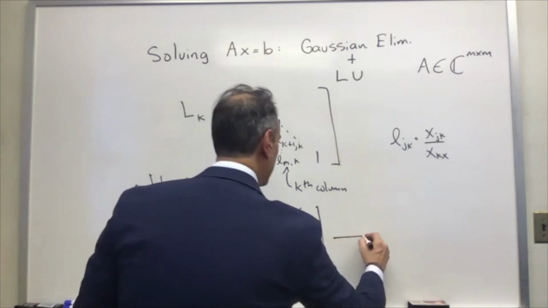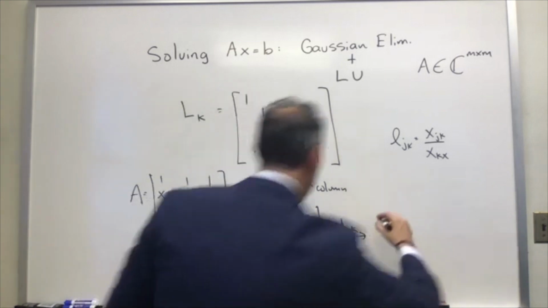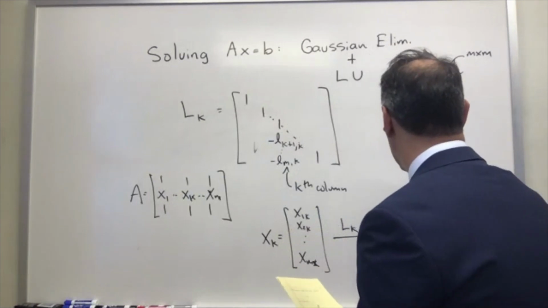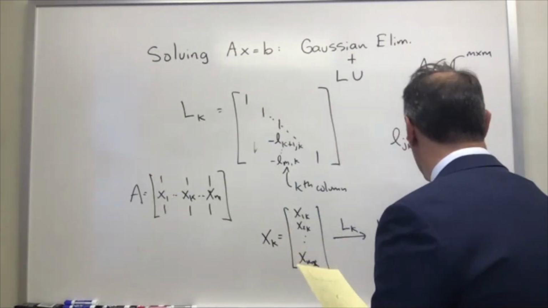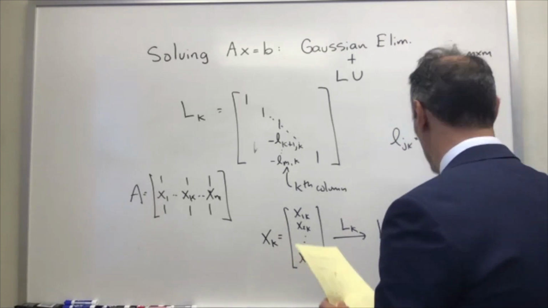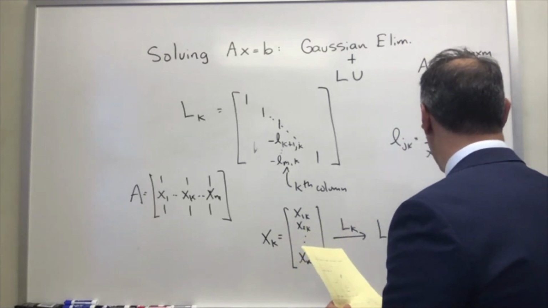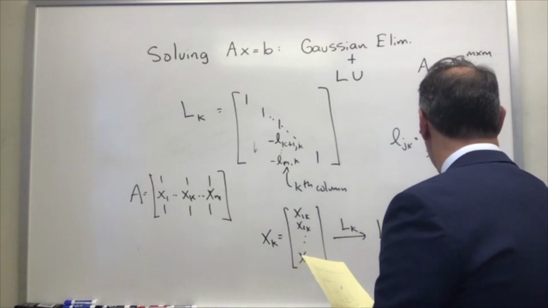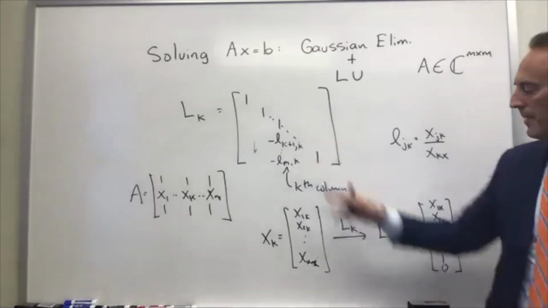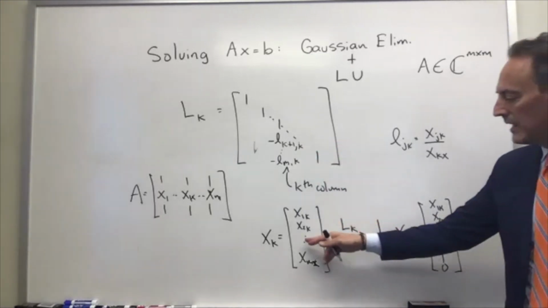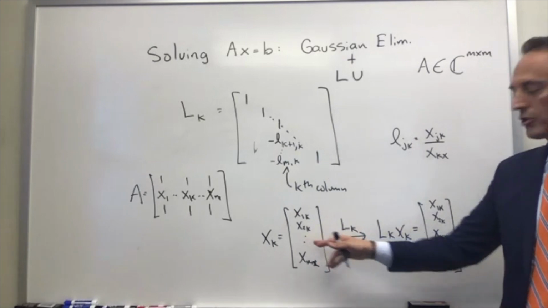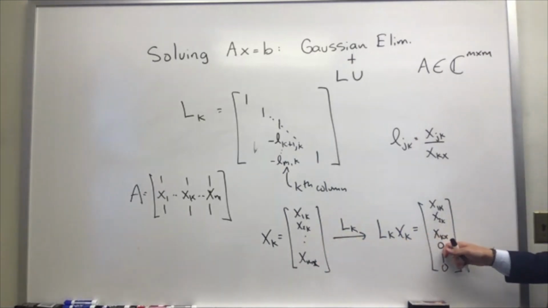And when I hit this with L_k, here's what I want to get back out of this thing. I want L_k x_k, which is equal to x_1k, x_2k, and then all the way down to x_kk, which is the diagonal, and 0 everywhere else. So you see what I did here? If I pick this right and hit this with L_k, it zeroes out all the terms below the diagonal term, which is x_kk.